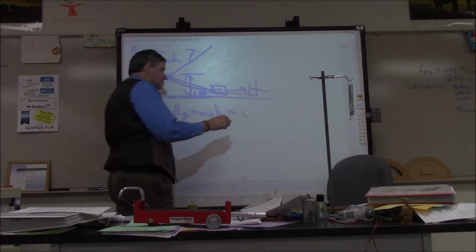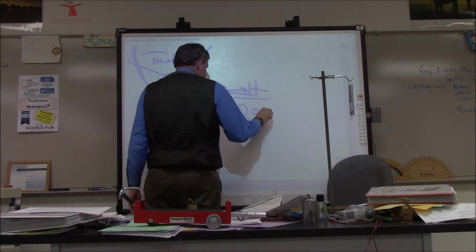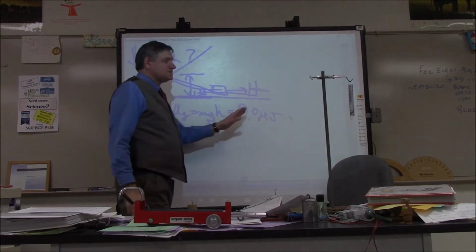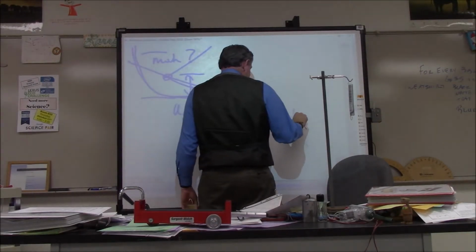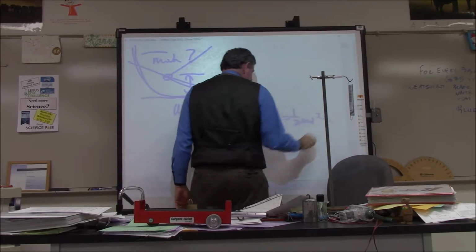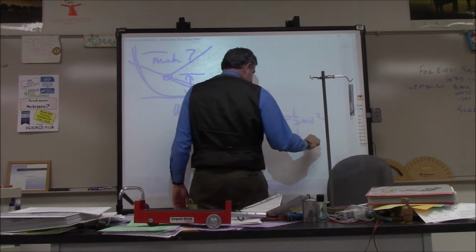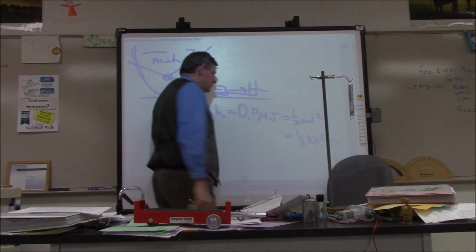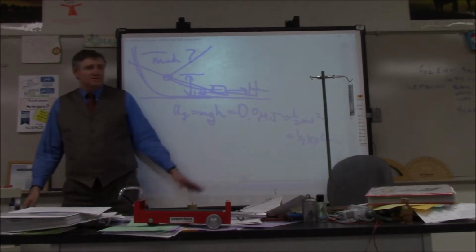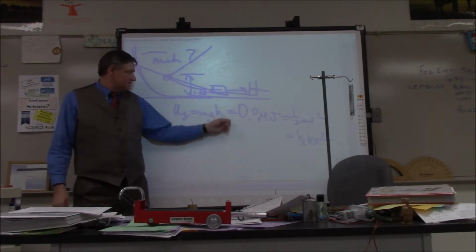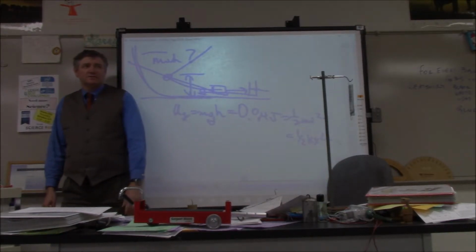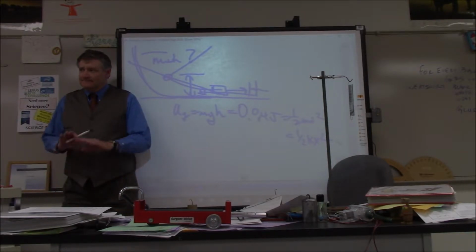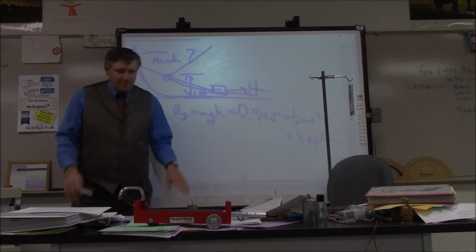Yeah, just set it equal to 0.94 joules. You could set it equal to 1/2 mv squared, or 1/2 kx squared. There's any number of things that you could do, but since you know what that numeric value is, you're just going to solve for h. Okay? Got it? Good? All right, Mad Max.